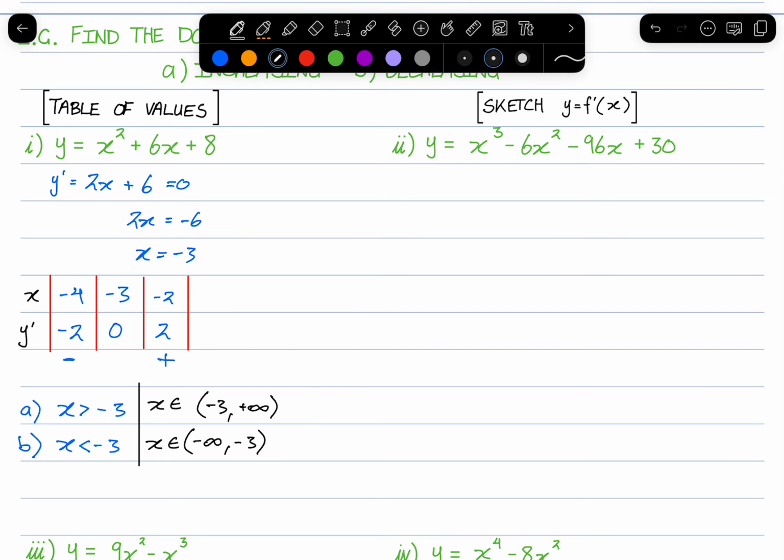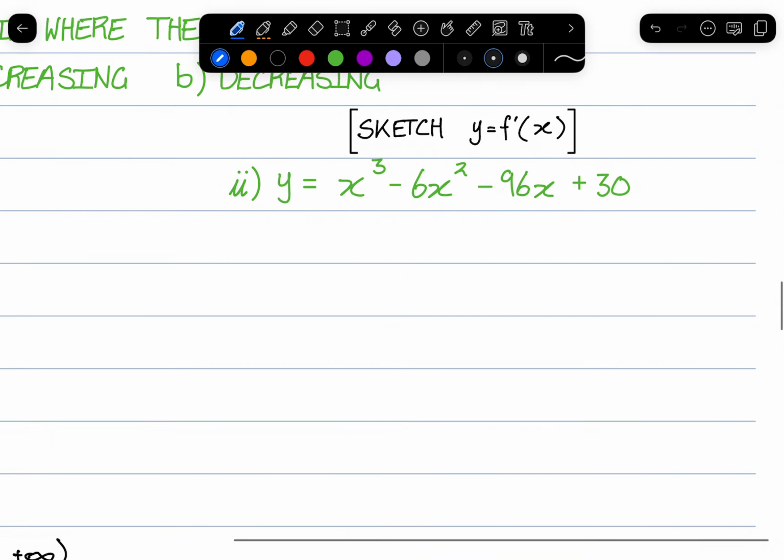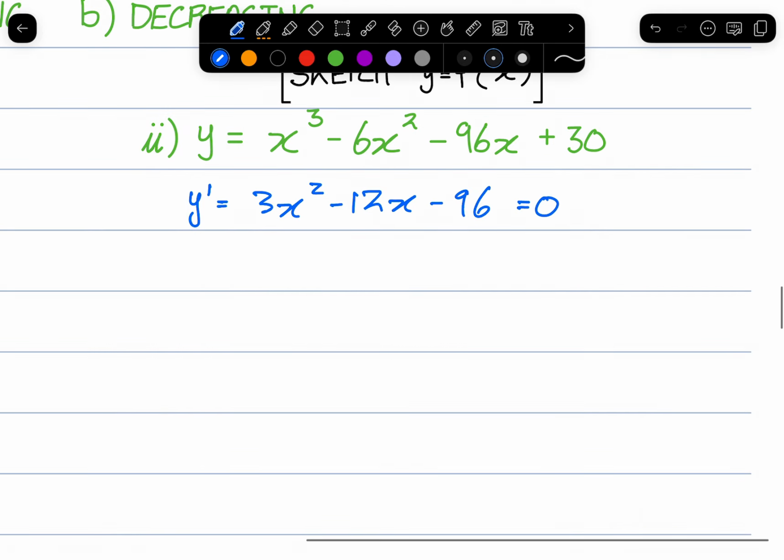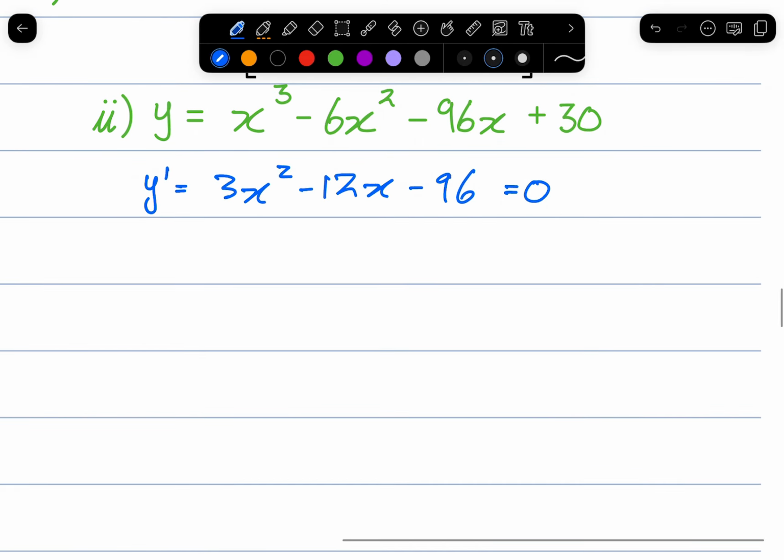Now, for the other method, we can do this via sketching. It works exactly the same in that we first take our first derivative. So 3x squared minus 12x minus 96. And we're still going to let that equal 0. Now, at this point, you can solve this quadratic in any which way you like.